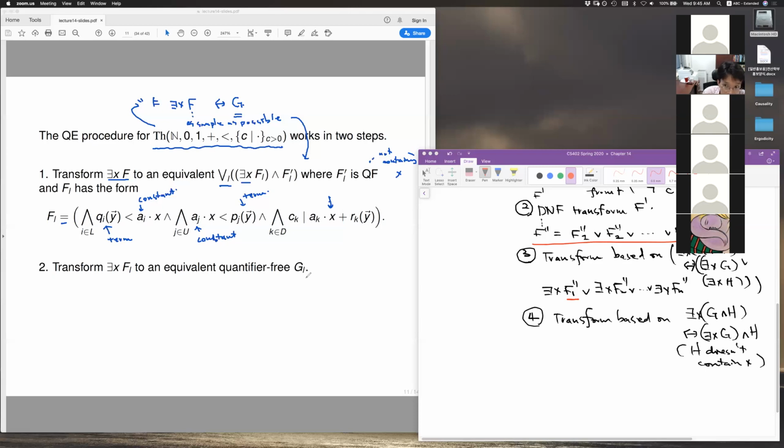Now the one thing that I want to gloss over, I didn't really want to go into the detail now because it may confuse you more, is that expressing something like this actually needs some tricks or some convention. Although in our Presburger arithmetic we don't have any negation, in the most general case, if you try to do the transformation, q_i y bar may contain a minus sign, but this minus sign should be understood as some form of macro.